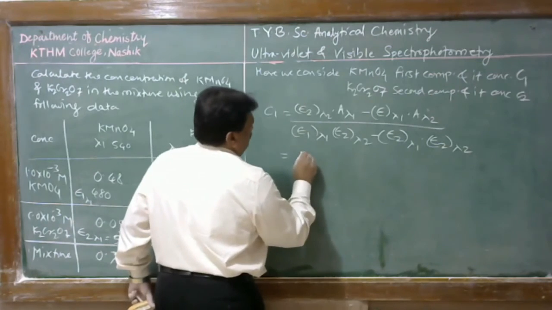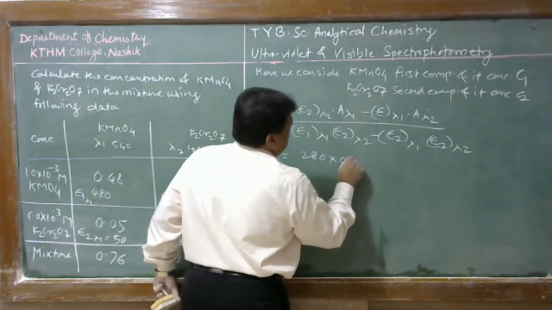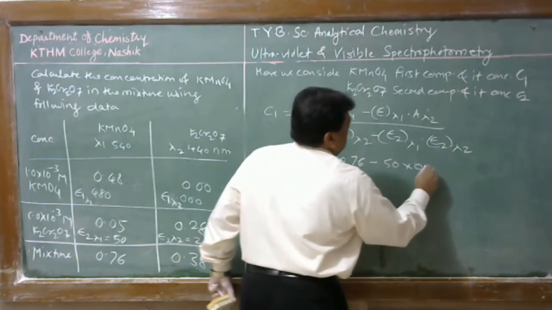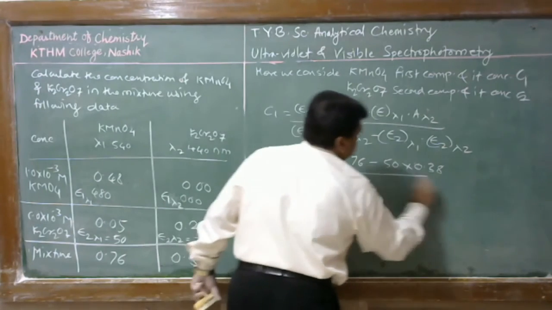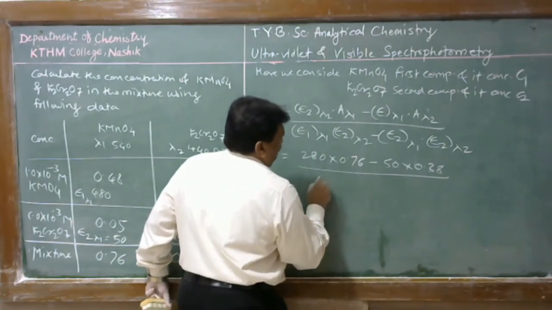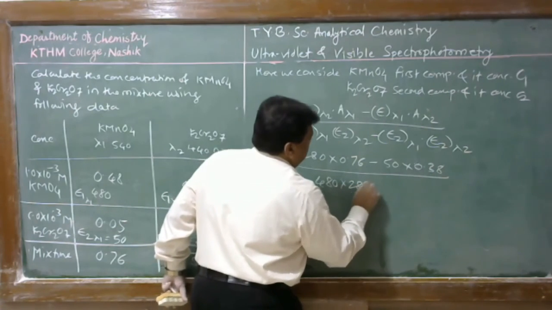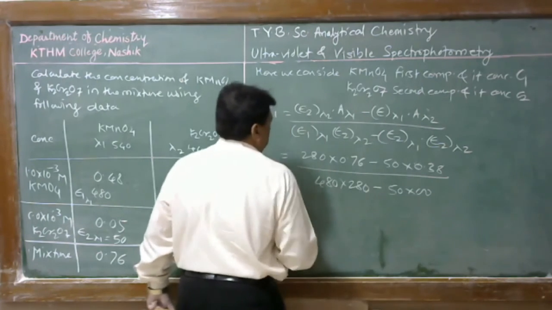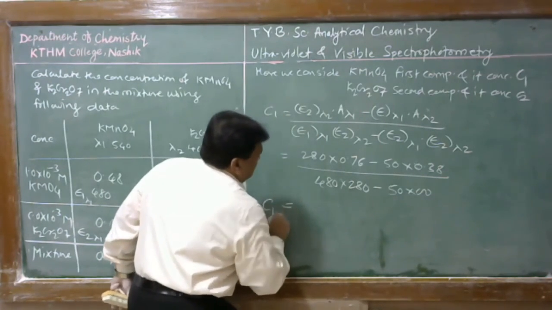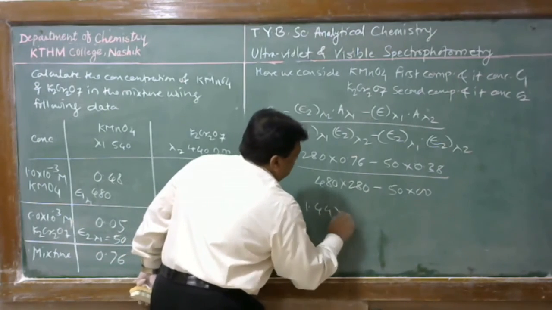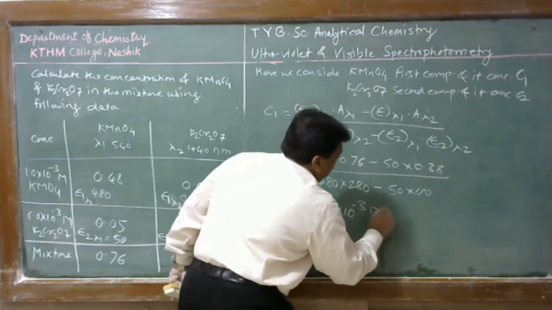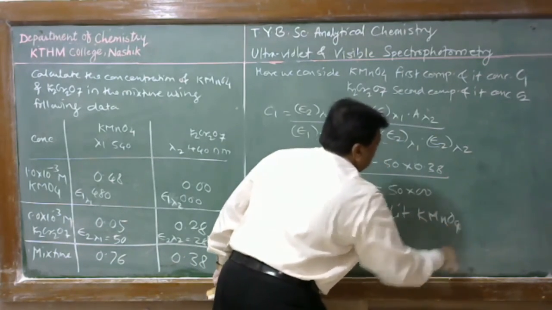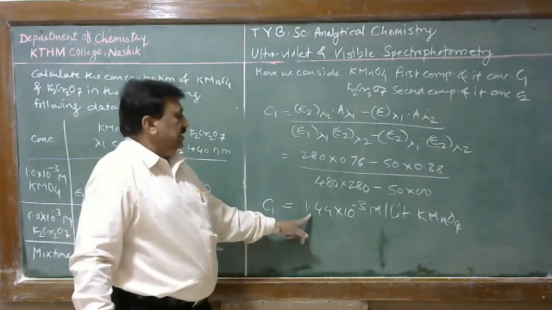That means 280 into 0.76 minus 50 into 0.38, divided by 480 into 280 minus 50 into 0. When we solve this, C1 is equal to 1.44 into 10 raised to minus 3 moles per liter. That is the concentration of KMnO4, because we considered that as the first component.